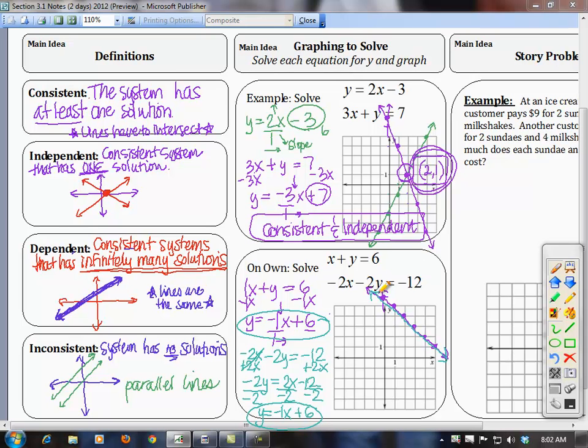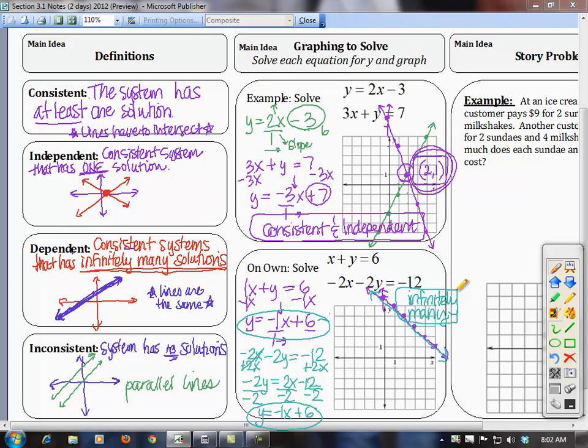Therefore, we need to talk about the number of solutions. In this case, there are infinitely many solutions. Infinitely many solutions. Okay, because every point on that line is a solution.